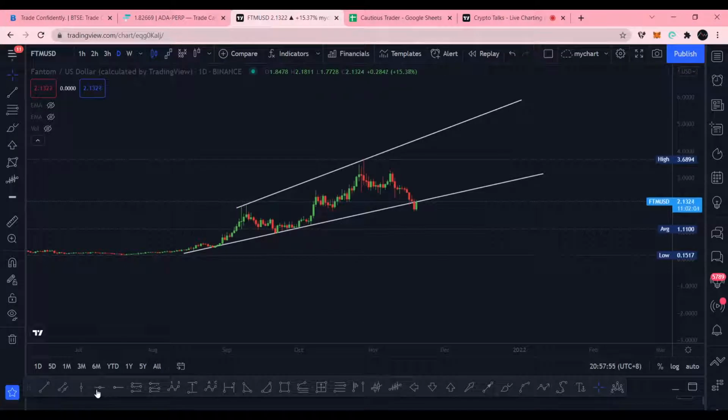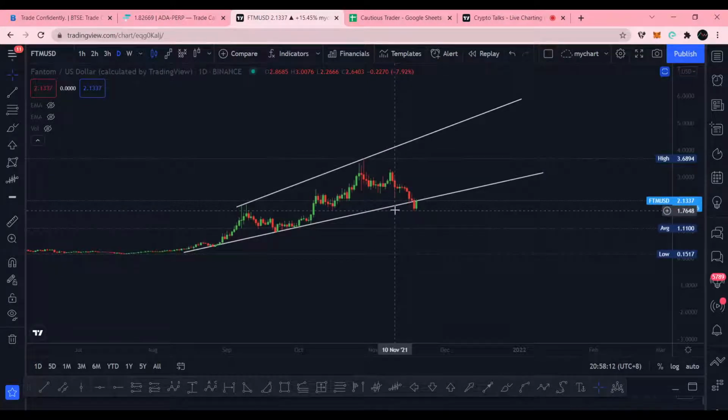And then of course our horizontal support, or horizontal line: just click Alt H for the shortcut. Alt H and then click.